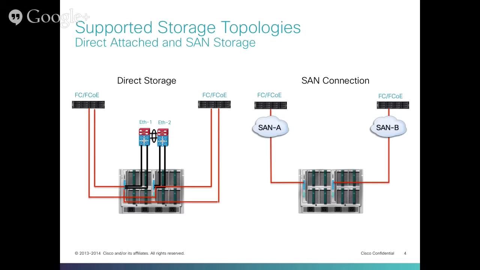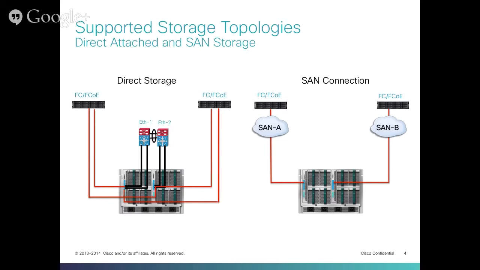So currently, when you do an FC connection to a SAN network, you have to be in switch mode. We actually disabled changing into end-host mode from an FC perspective. So with FC you will do switch mode, which means you'll get the zoning from your SAN network.